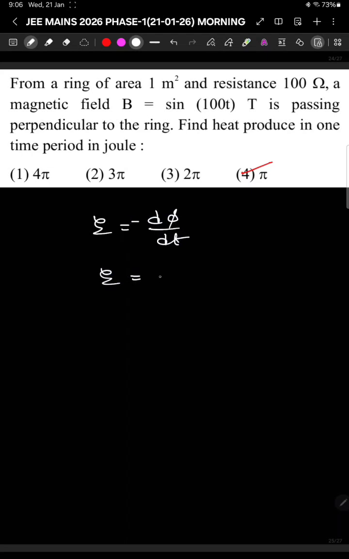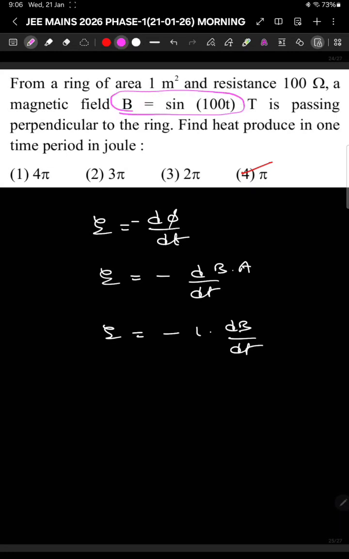So induced EMF equals minus d by dt of the flux, B dot A. So here, minus, the area is constant, 1 into dB by dt. Here the B value was given as sin 100t. Substitute here. Then EMF becomes minus, 100 times the derivative of sin 100t, cos 100t, you will get.